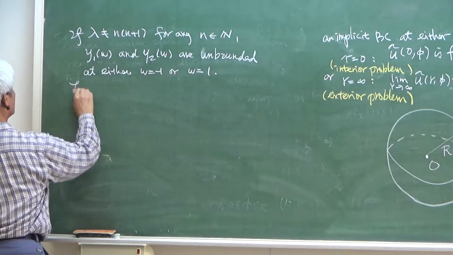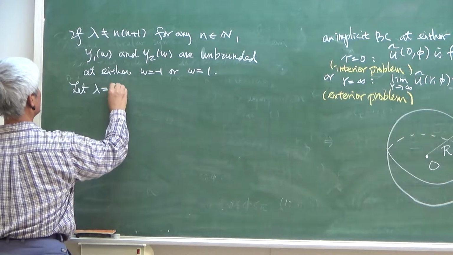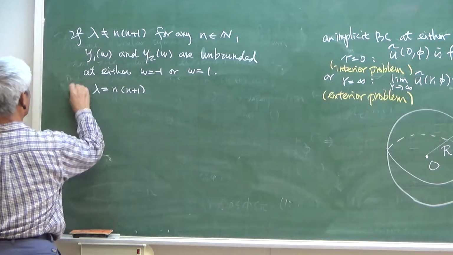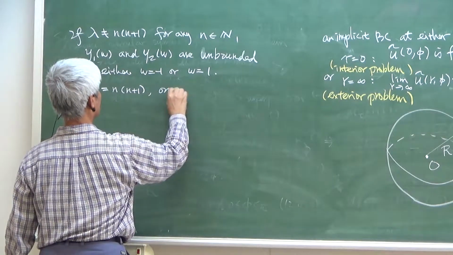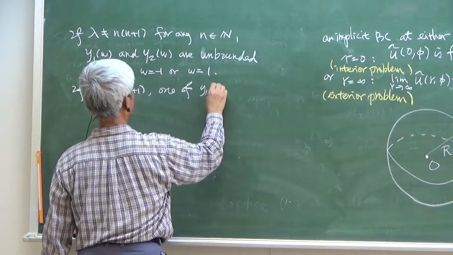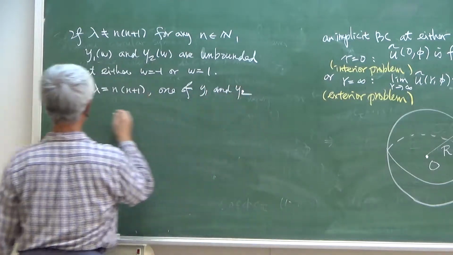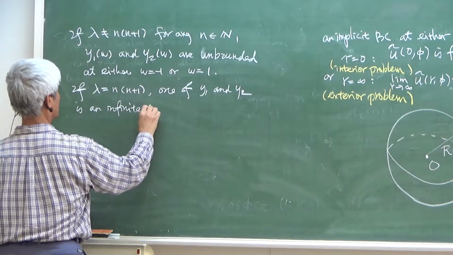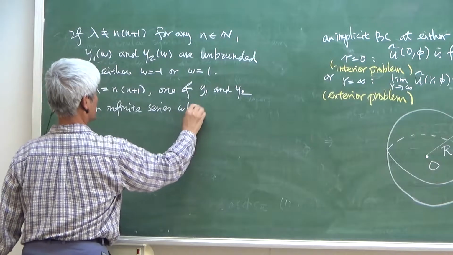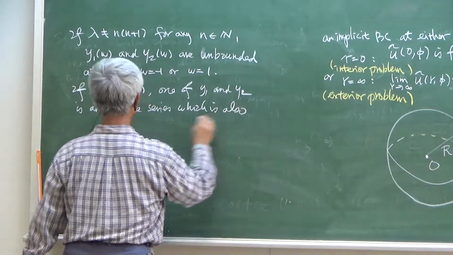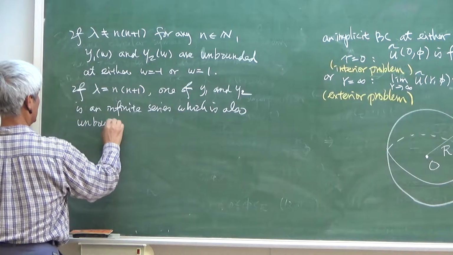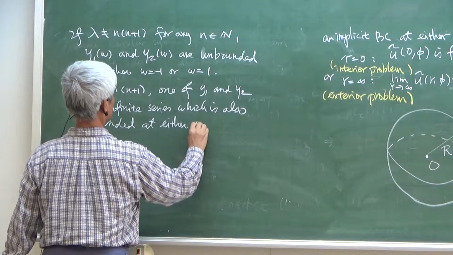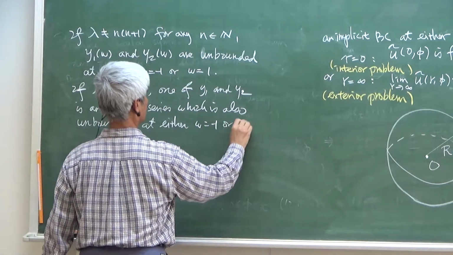So we let lambda equal to n times n plus 1. Then one of y1 and y2 is an infinite series, which is also unbounded at either minus 1 or 1.